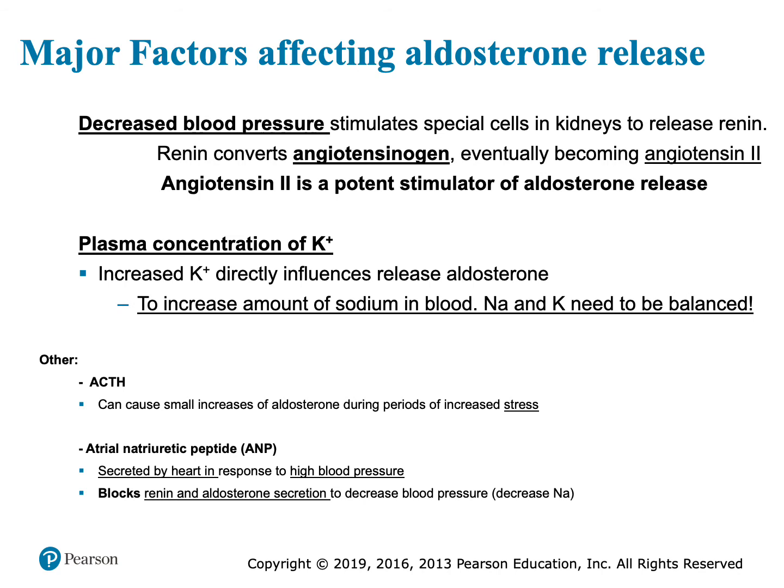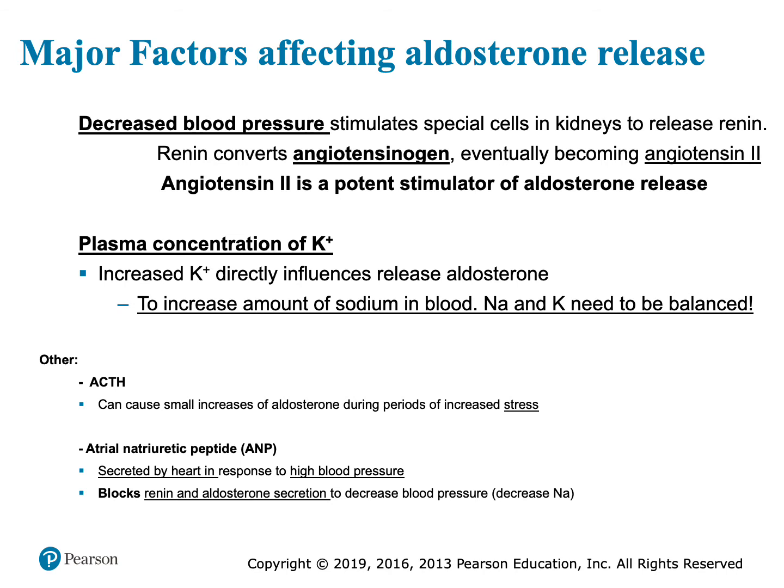When we have a decrease in blood pressure, let's say you're hit by a car, a car accident, and you're bleeding out, your blood pressure starts dropping through the floor because you're spilling all of your blood out. Well, that tells the kidneys to release a hormone called renin. Renin's job is to convert angiotensinogen to angiotensin 2, and that's going to cause aldosterone release.